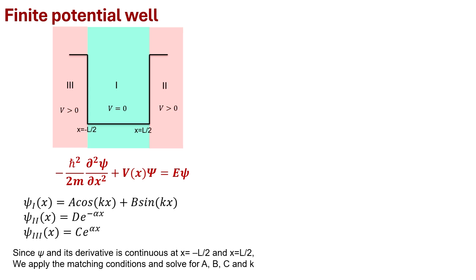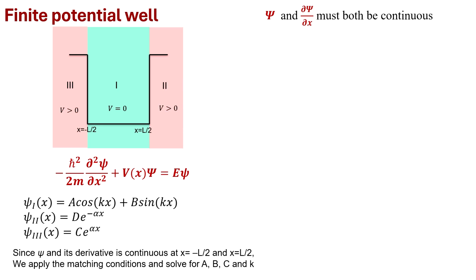And psi and d psi by dx should also be continuous across the boundary. So as you move from 1 to 2 or 1 to 3, the psi should not be discontinuous, it should be continuous, and its derivative should be too.